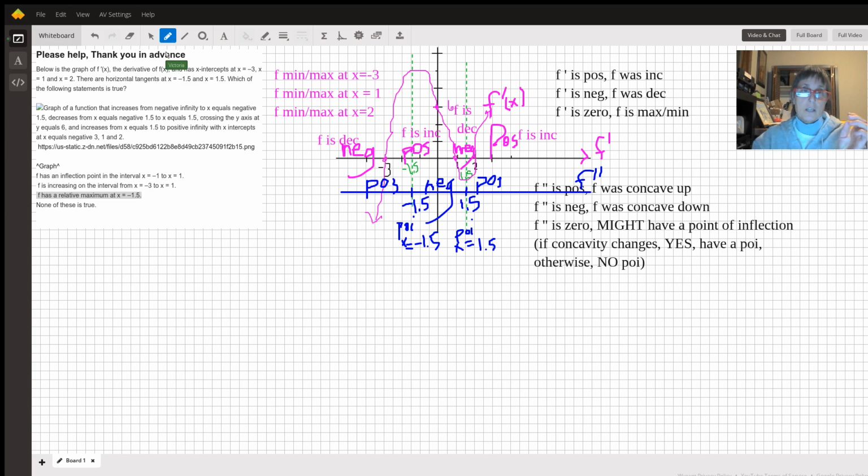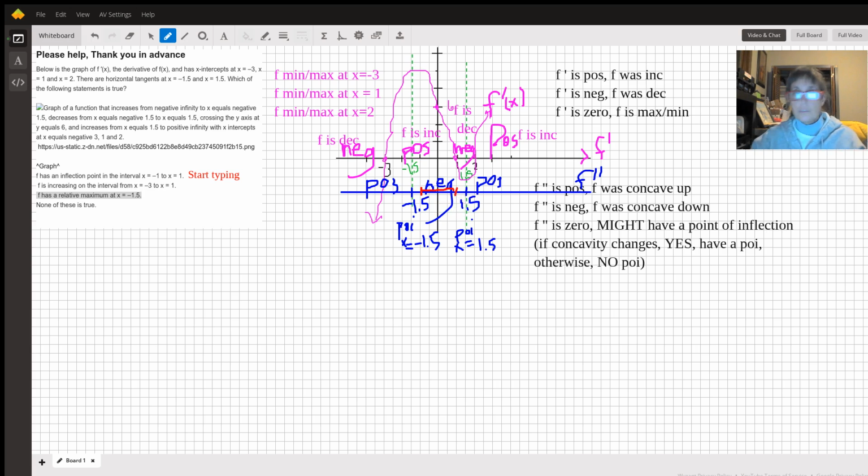Now, let's answer their questions. Starting here. Let's make it smaller so it'll fit. Okay, so the first one: does it have an inflection point from negative 1, which is here, to positive 1 in here?